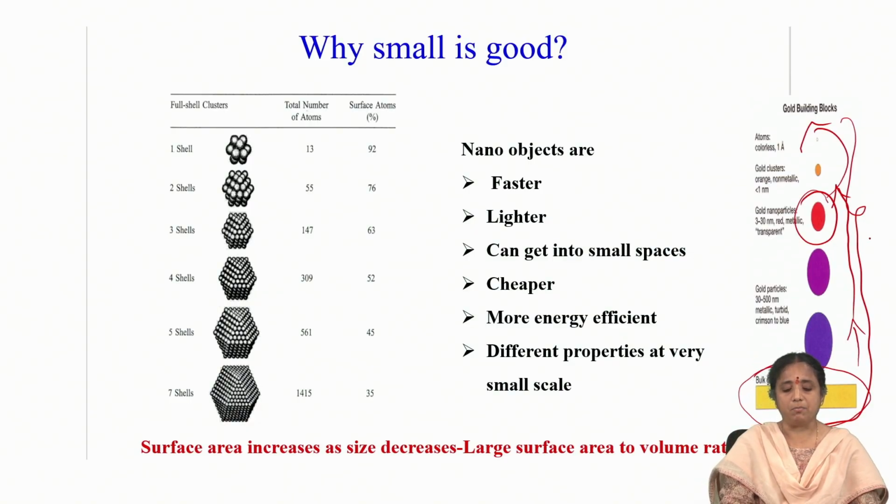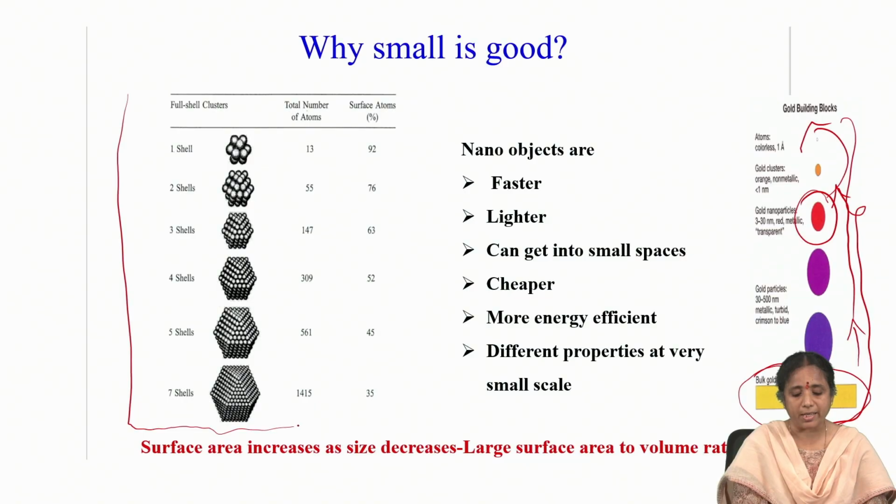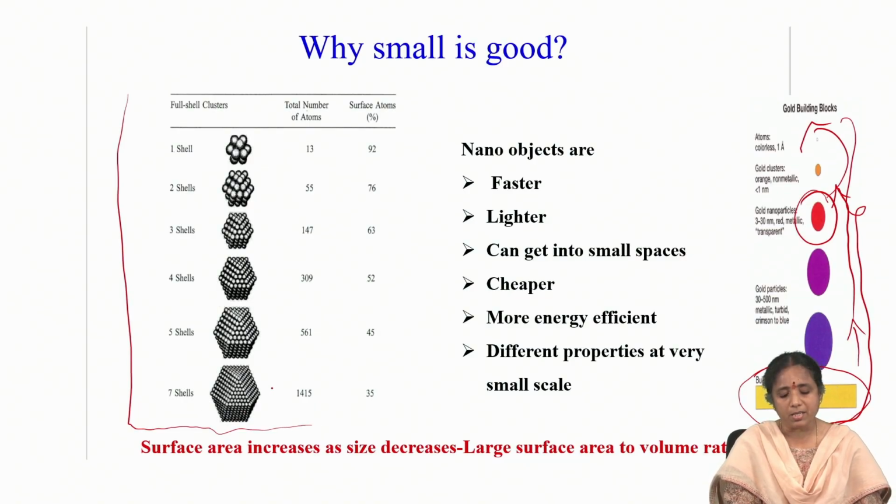Now coming to the next important one, let us understand why small is good with the help of this diagram. Consider a football made up of shells.